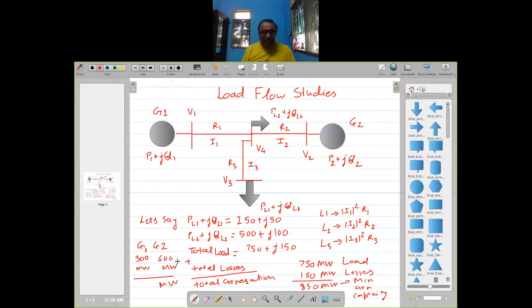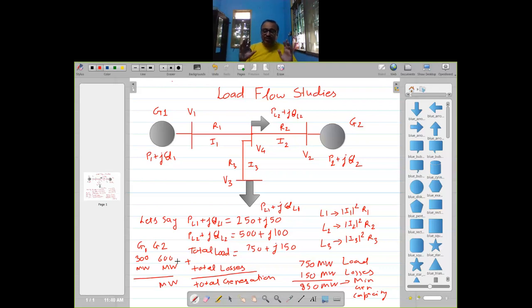Or I can even go a little bit higher, that 550 megawatt is generated by G2 and 300 megawatt is generated by G1. So there can be various such combinations. Which combination should I choose?